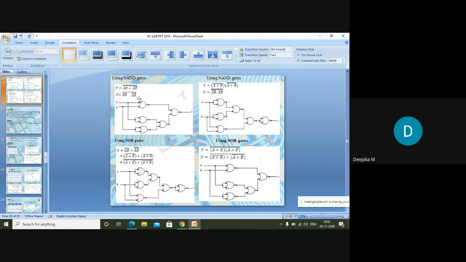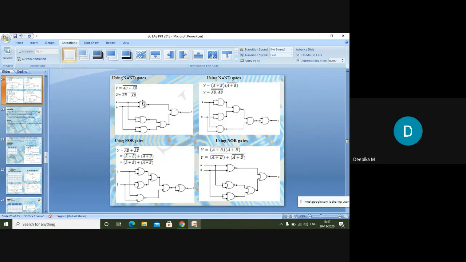So here, how do I differentiate it? It is A bar B bar, and next A bar B bar whole bar is there. Now I'll be implementing this. First, what I'm having is AB whole bar. As I told you, you have to use the NAND gate. The NAND gate performs the opposite function, or inversion, of the AND gate.